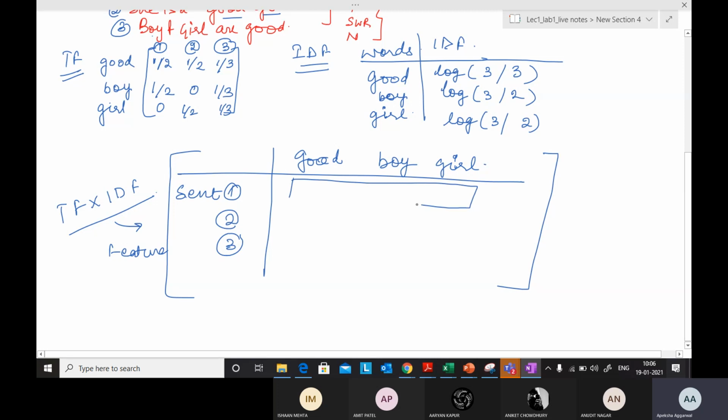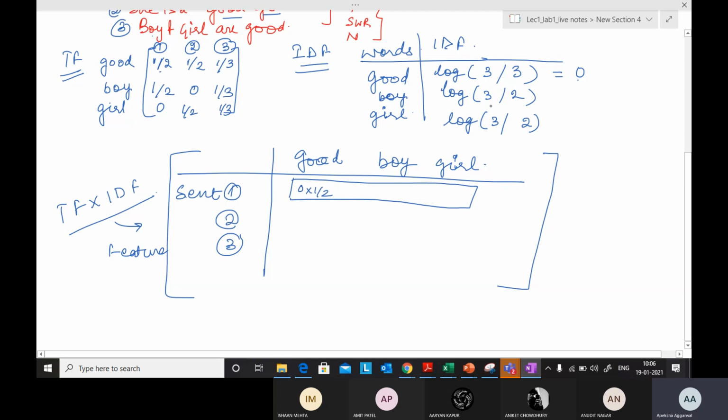We will multiply this whole row. This is equal to log 3 by 3 is 0. Okay, log 1 is 0. So we will multiply this whole good, boy, girl row with the first sentence over here. So this would be 0 cross 1 by 2, right? So this 0 and this 1 by 2.